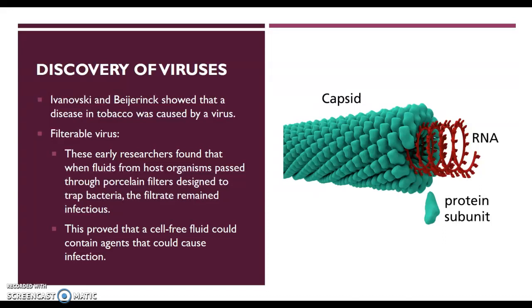And when they collected this fluid and then injected it into another tobacco plant, it caused disease. So they determined that this cell-free fluid contained agents that could still cause disease.